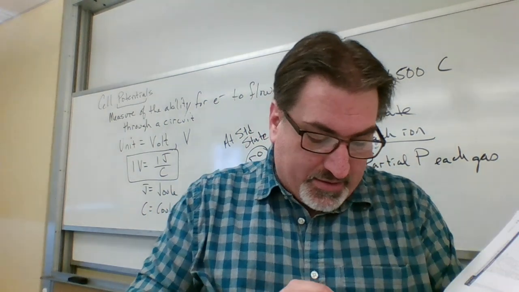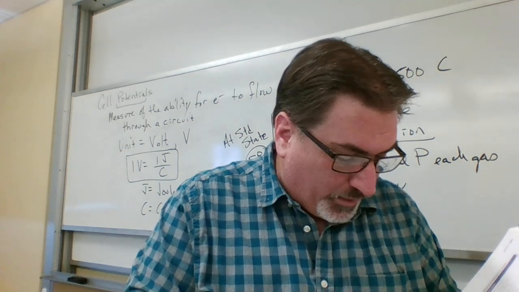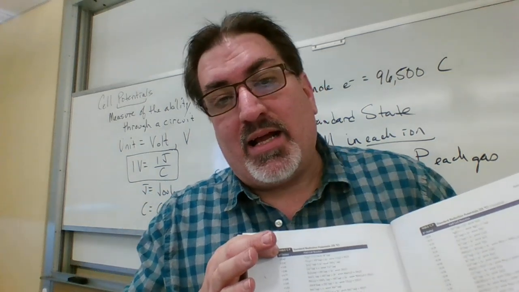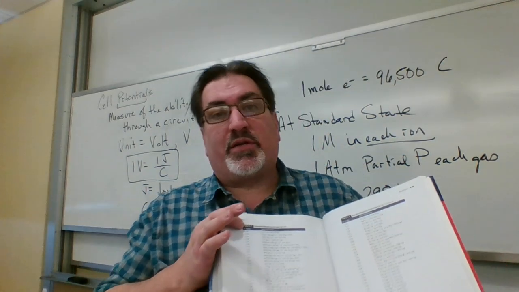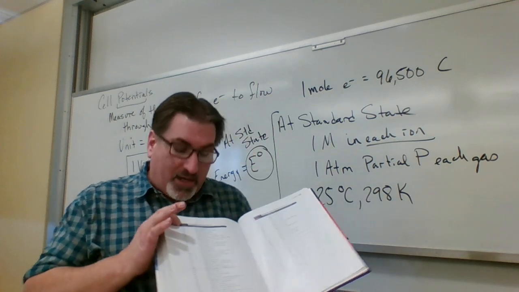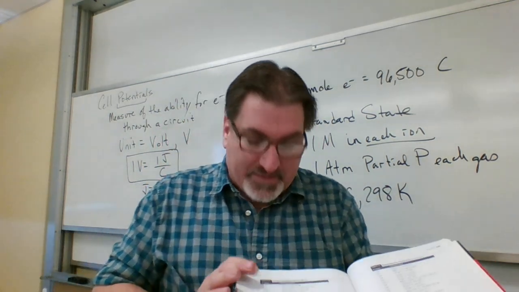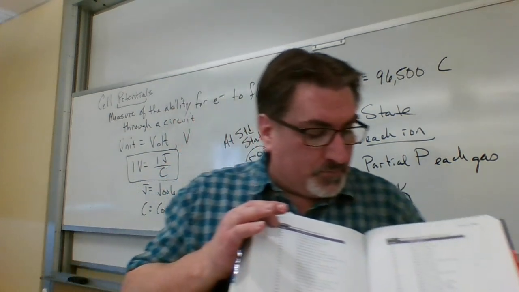At the start, up here at the top, the highly positive reduction potentials, plus 2.87 volts is where fluorine reduces. Now, 2.87 volts doesn't sound like a lot because we're used to 110 volts and 220 volts in our standard household appliances and outlets, but that's a lot of potential in electrochemistry terms. That's a very positive potential.